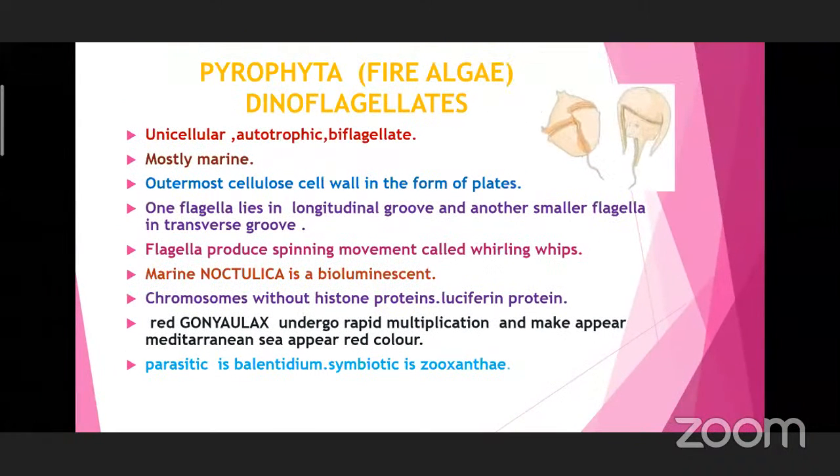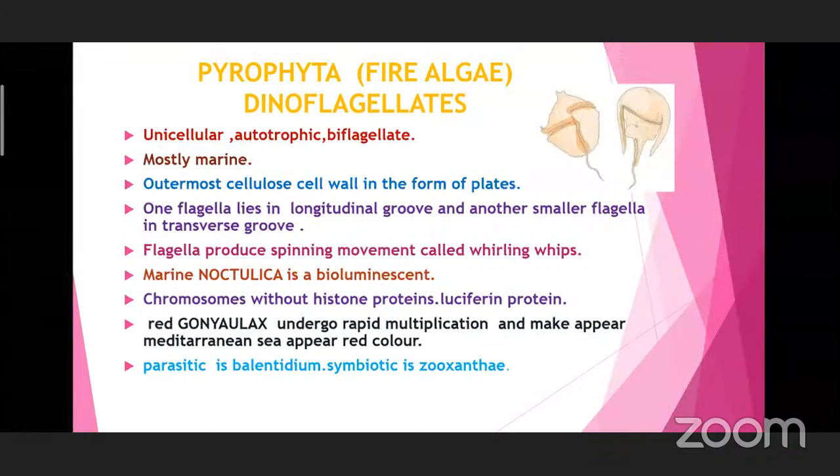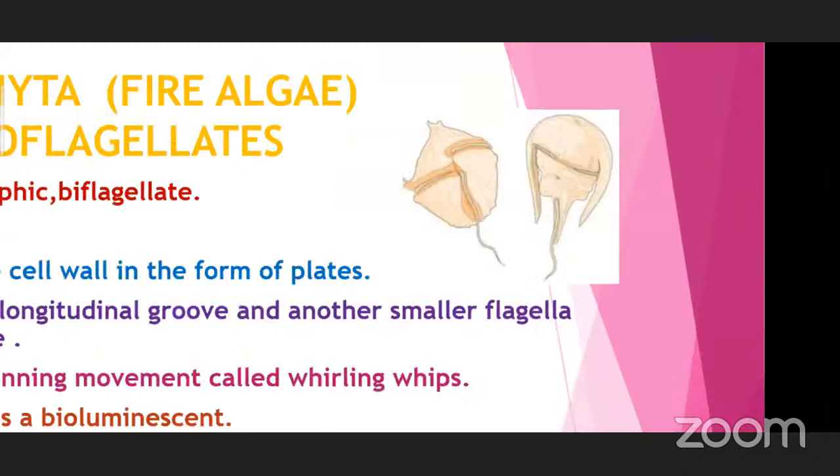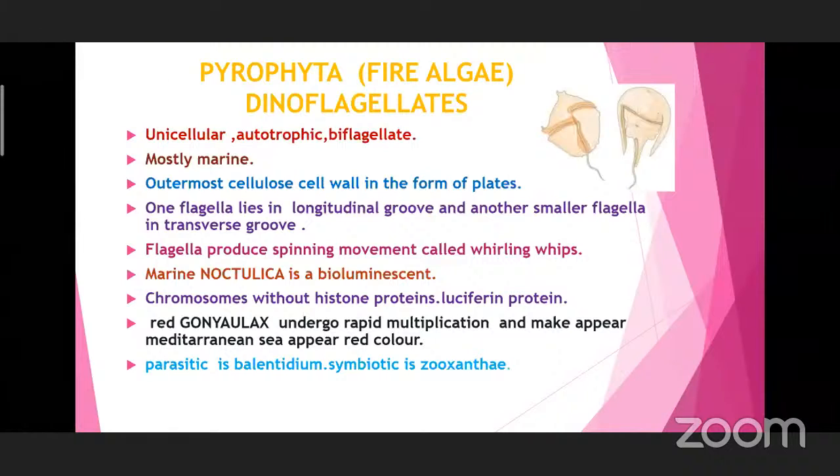This is our whirling whip dinoflagellate. You can see how the grooves are present: the longitudinal groove and the transverse groove. From the longitudinal groove, the flagellum is coming out, and from the transverse groove, it is not coming out. So this is about the pyrophytes.